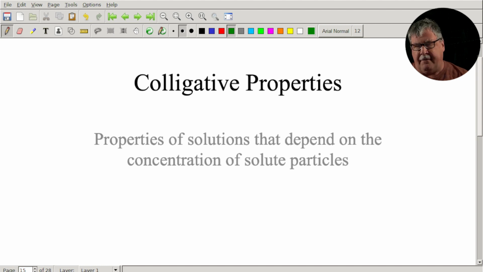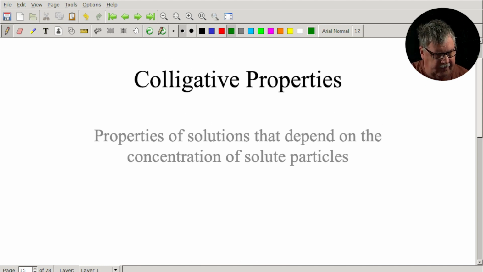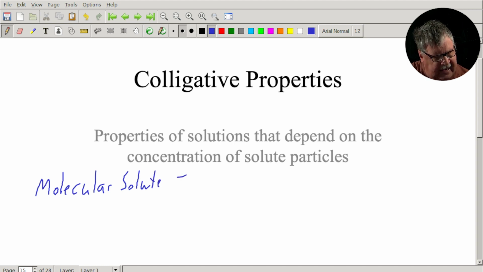All right, now we have to qualify that a little bit as well, because here's what we can think about. If I have a molecular solute, then what we can say is whatever the colligative concentration is, it's the same as the concentration of the solute.